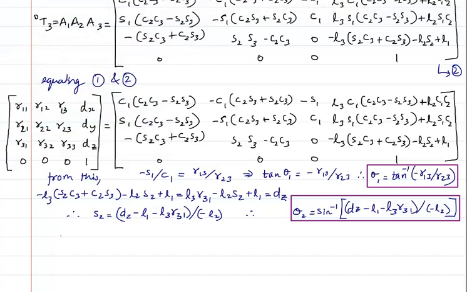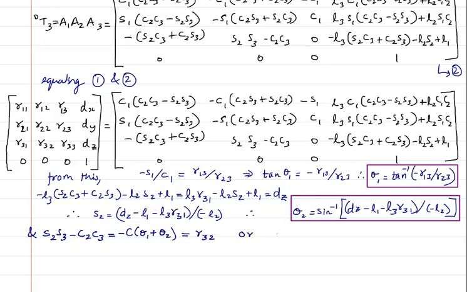S2 S3 minus C2 C3 can be written as minus of cos of theta 1 plus theta 2, that is equal to, according to this matrix, R32.